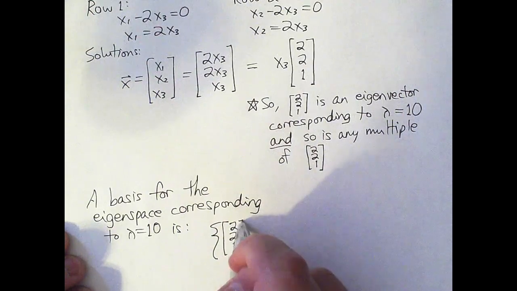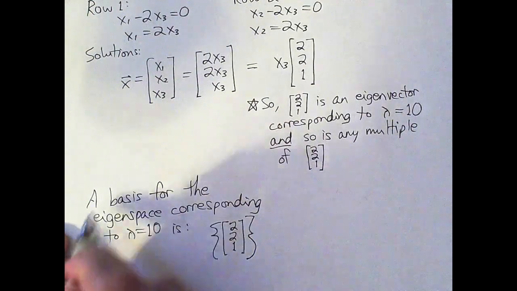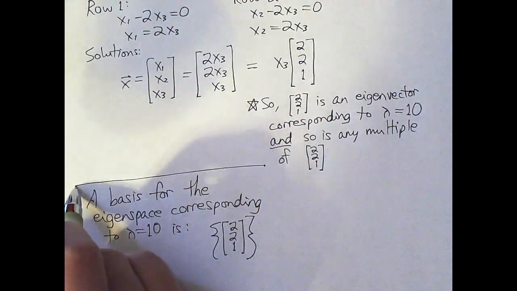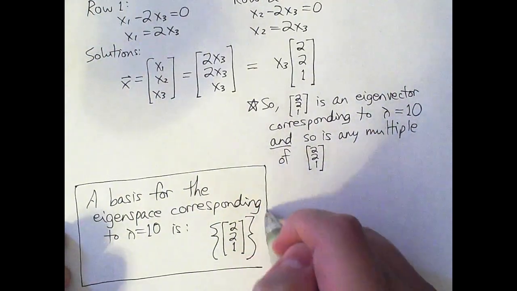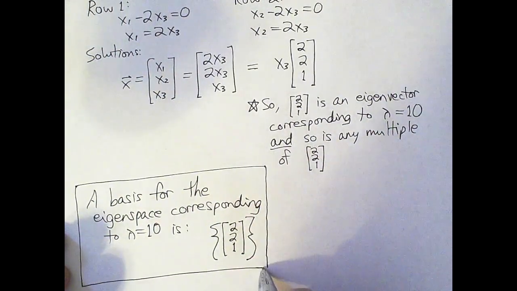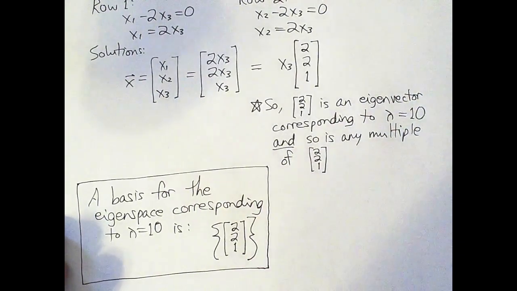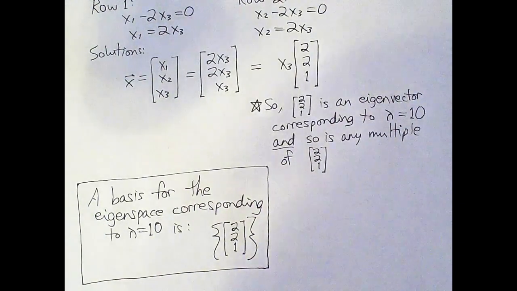Don't write span in front of it. It's a basis. A basis doesn't get span in front of it. There's one basis element. So the dimension of that space turned out to be 1.